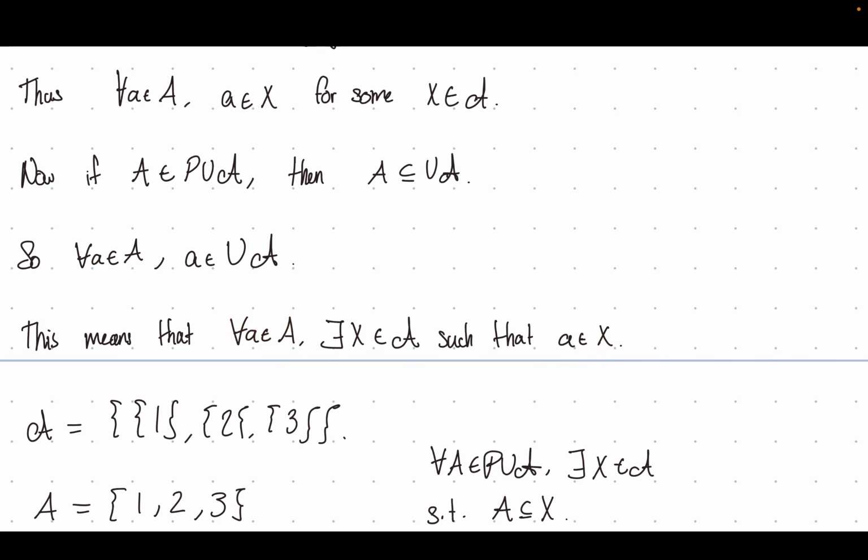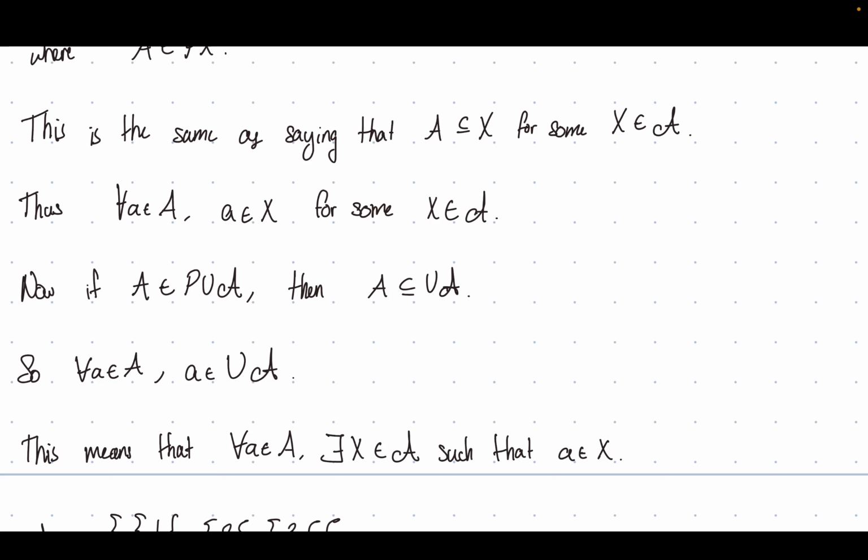And this is for every possible big A in the power set of the union of script A. So this has to hold for any big A in the power set of the union of script A, meaning that this has to hold for any possible subset of the union of script A, right?